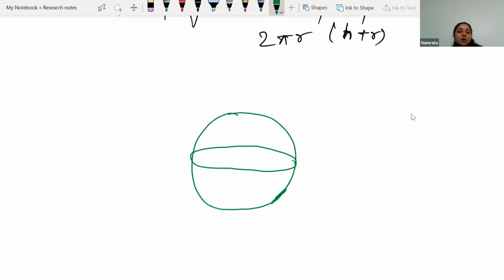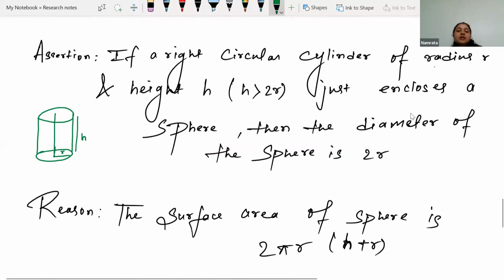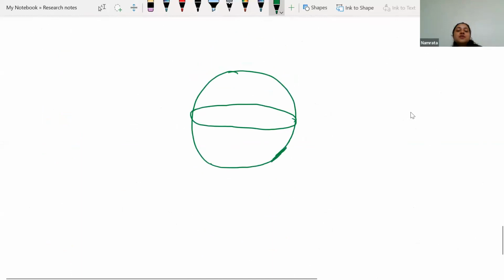Now, a right circular cylinder of radius r and height h enclosing the sphere. This sphere is getting enclosed by the right circular cylinder. So the cylinder which I have drawn, I am drawing it again, the bigger one over here.